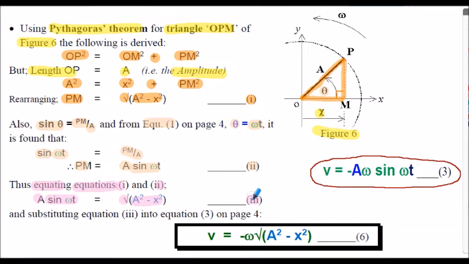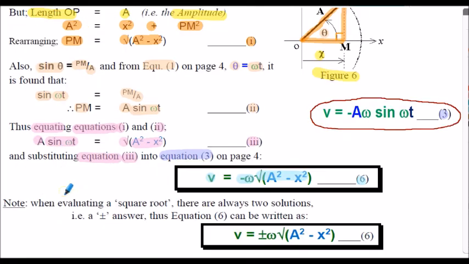If we now substitute equation 3 in Roman numerals into equation 3 we derived previously and shown here for convenience, we can derive the equation velocity v is equal to minus omega multiplied by the square root of A squared minus x squared. I've called that equation 6 here. So another equation for calculating the linear velocity of point M when moving with simple harmonic motion.